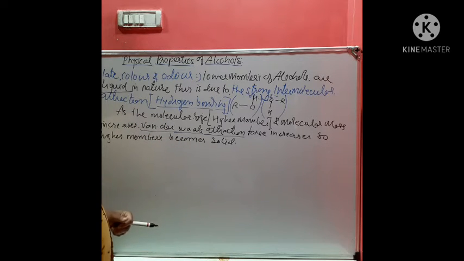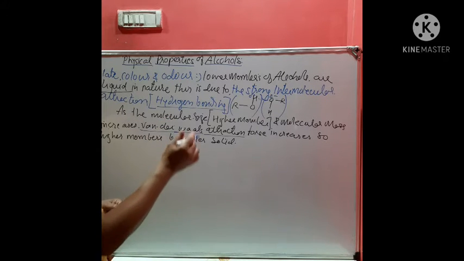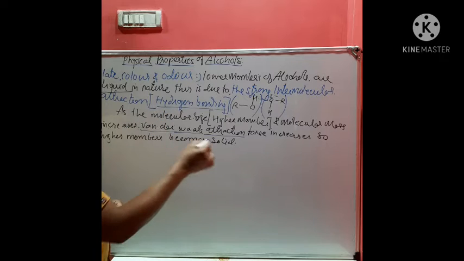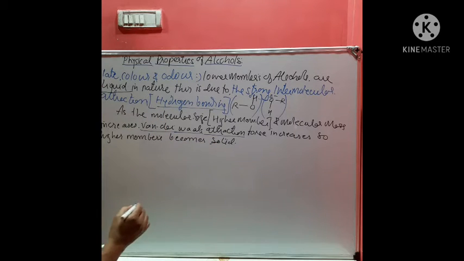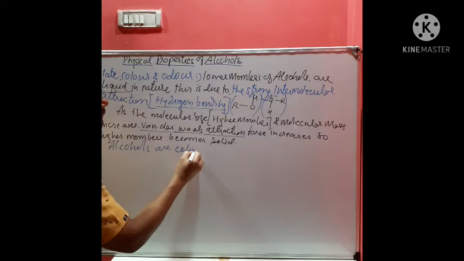So the higher members have higher molecular mass and bigger molecular size. Therefore, the van der Waals attraction becomes very high and thus they become solid.